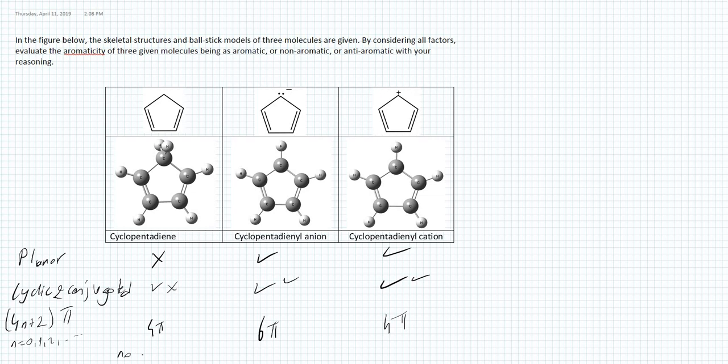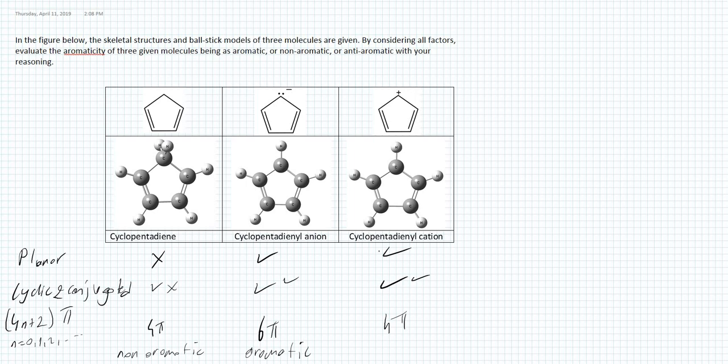Let's write here non-aromatic. The second molecule is planar, cyclic, and fully conjugated, and it has 6 pi electrons, which follows the last rule, Huckel criteria, 4n plus 2 pi rule. So this is going to be an aromatic molecule.